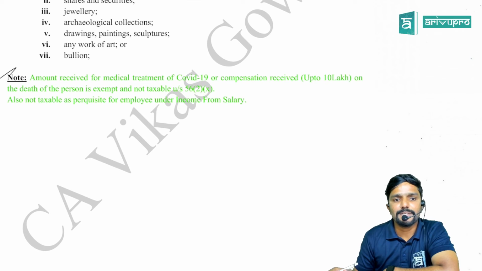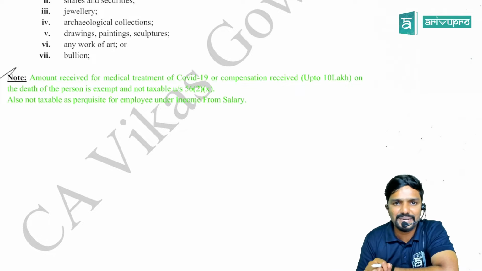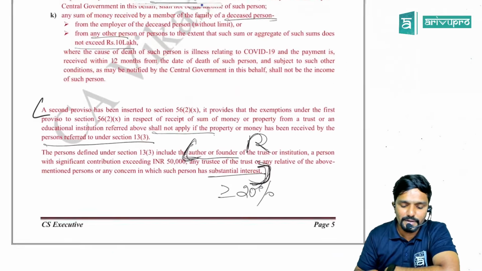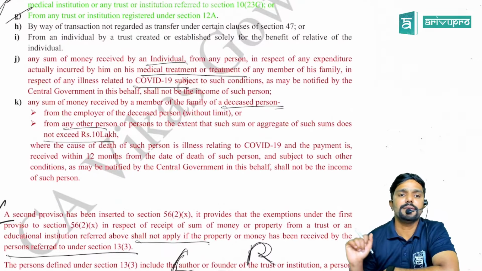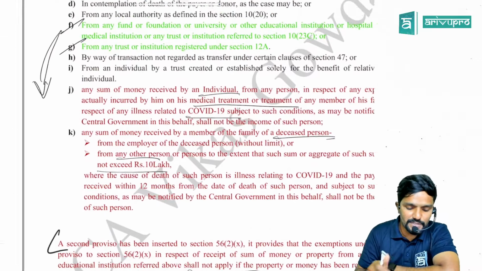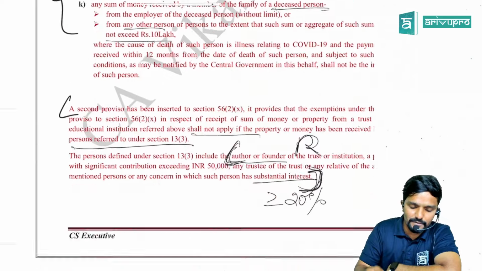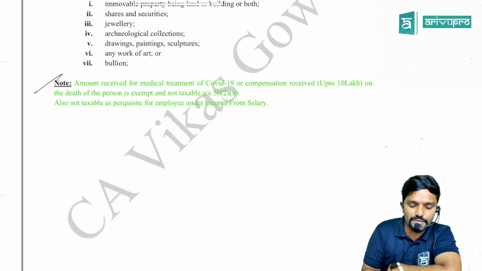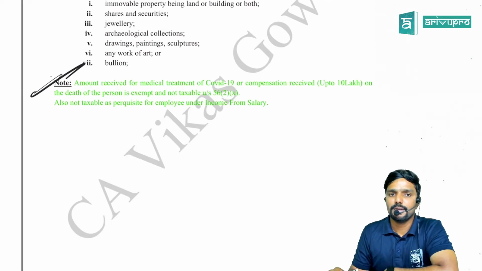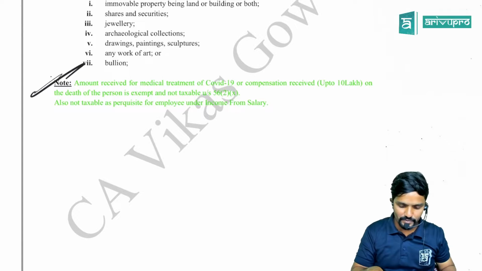Also not taxable as perquisite for employee under income from salary. This is what I had already mentioned in my material, but now a detailed explanation has been given, guys. Okay, so this J and K is nothing but with reference to this note, guys. Clear? Yes. So we will march ahead.